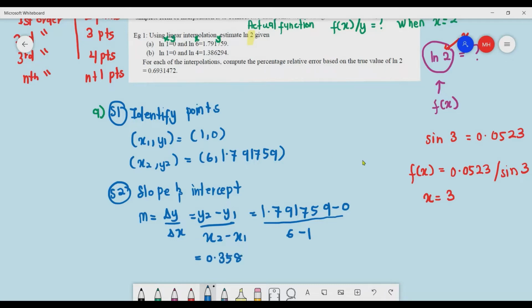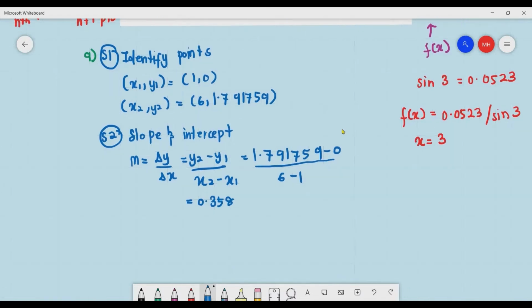After you find the slope, you can get the intercept using the straight line equation y equals mx plus c. The intercept is given by c, right? You have the slope here, so you can substitute either the first point or the second point. It's up to you, you will get the same answer.